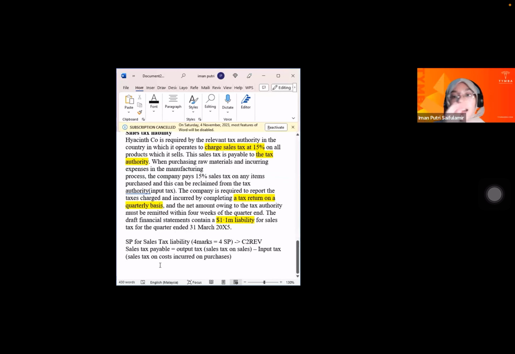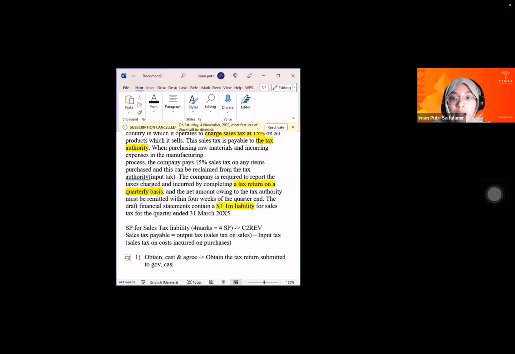So number one, I want you guys to do the obtain, cast, and agree method. So we will obtain, in this case, they have stated here, the company is required to report by completing a tax return. So we want to obtain the tax return submitted to the government, cast, and agree to the sales tax liability.